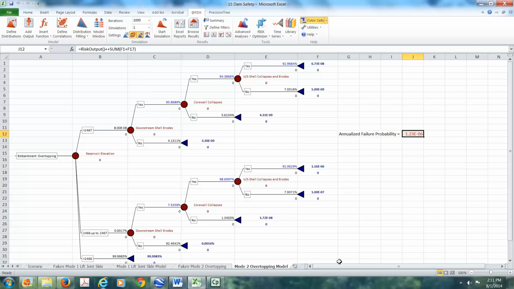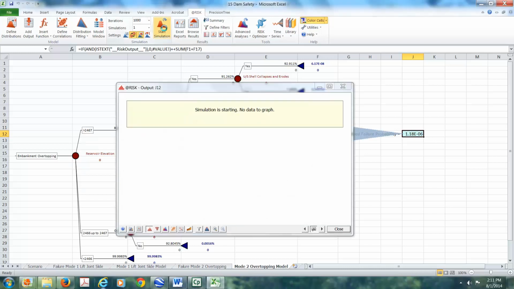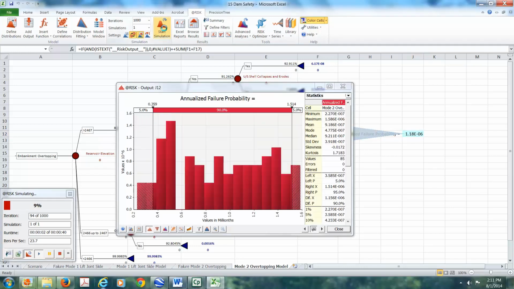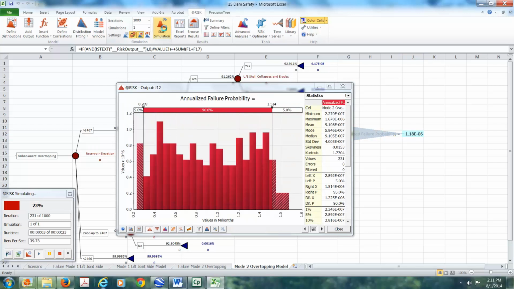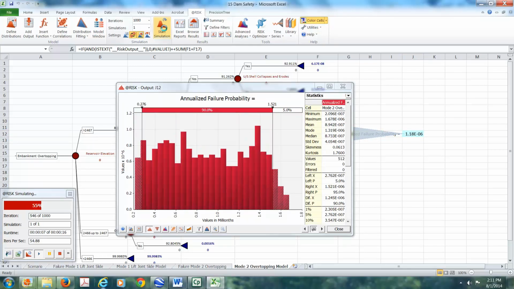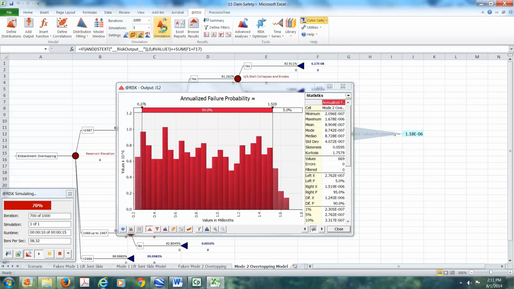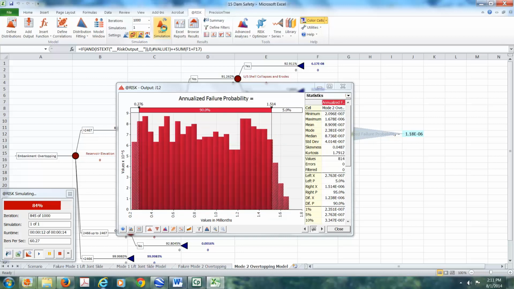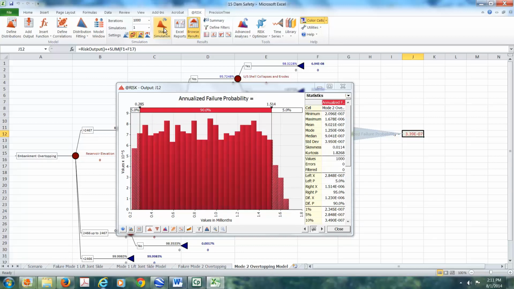Let's run a simulation now on both of these scenarios. We're going to do 1,000 iterations. Let me start the simulation here. Now you'll notice that we are just estimating the probability of failure. The consequence of failure is going to be critically important in determining whether the probabilities of failure are tolerable or not.